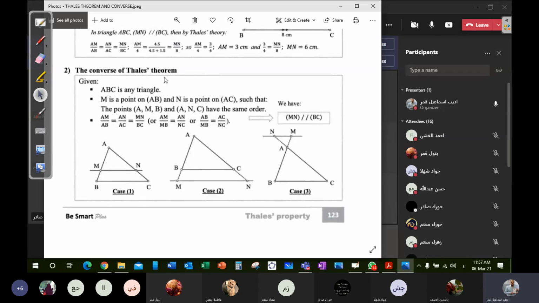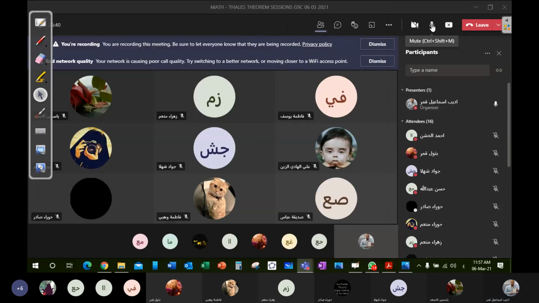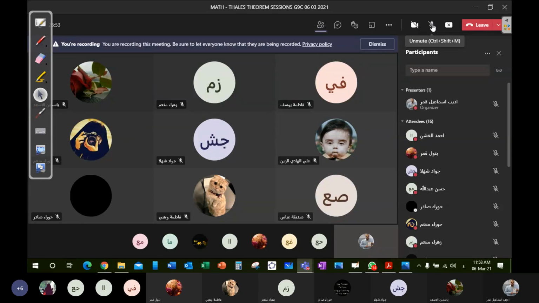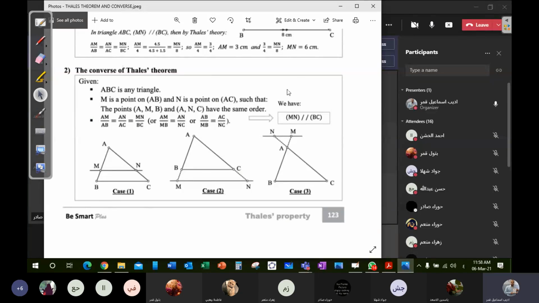If we have ABC any triangle, M is a point on AB and N is a point on AC, such that we have the ratios AM over AB equal AN over AC equal MN over BC, then we may say that MN is parallel to BC in the 3 cases, in case 1, in case 2, and in case 3.